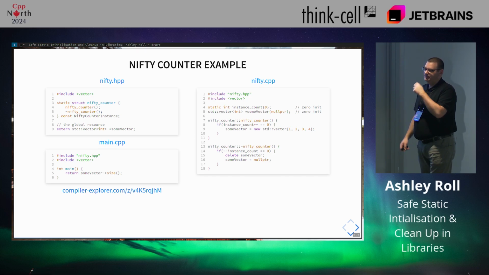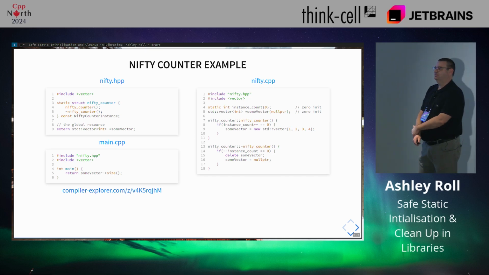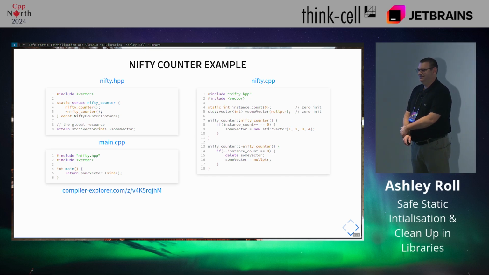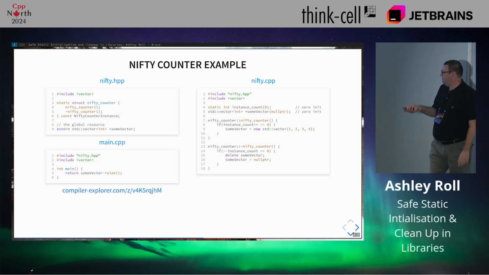But two of these depending on each other, you still have no guarantees. This is why dependencies between singletons are a bad idea, and we'll see some techniques later on to help mitigate that.